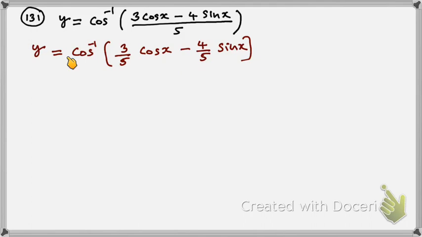Now we know since it is cos inverse outside, the inside expression should be something in cos as well. So we try to match it with one of the cosine formulae.